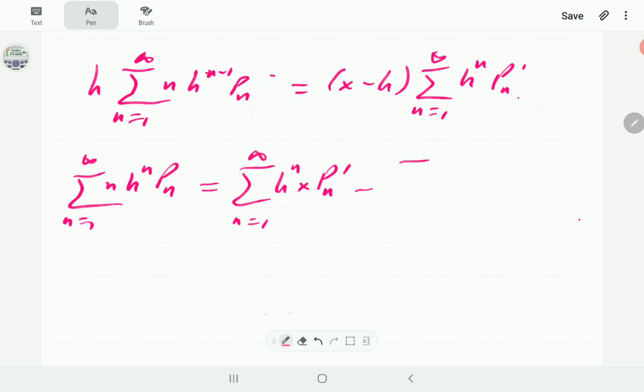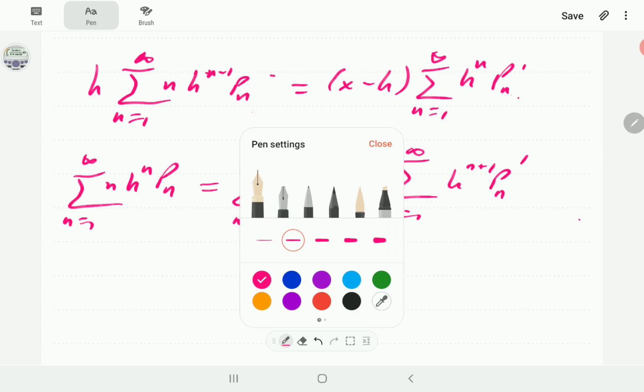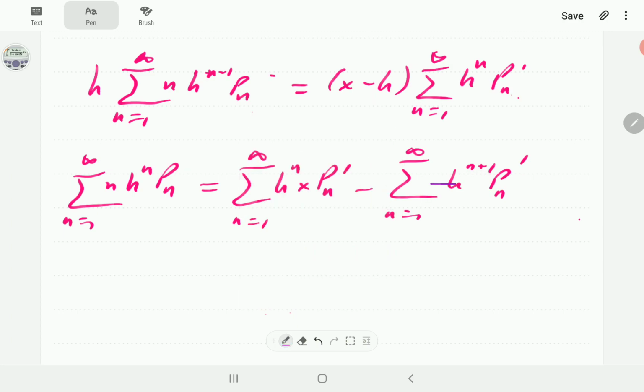The other one is going to be h to the power n plus 1 Pn prime. n starts from 1 to infinity. Then the only term that needs sorting here in terms of the powers is this one.